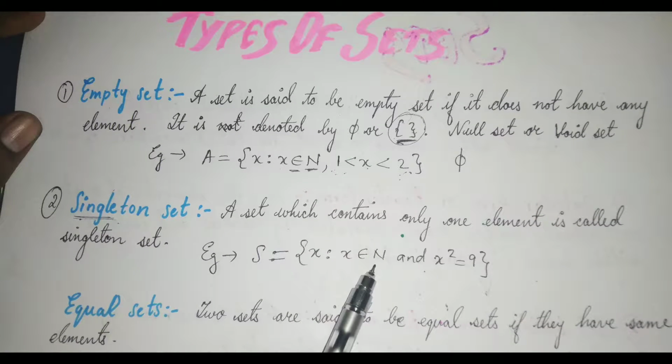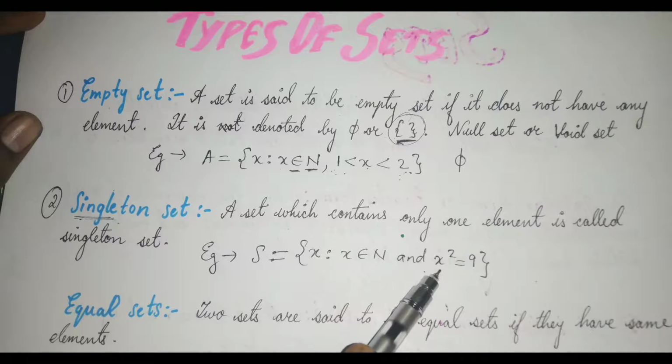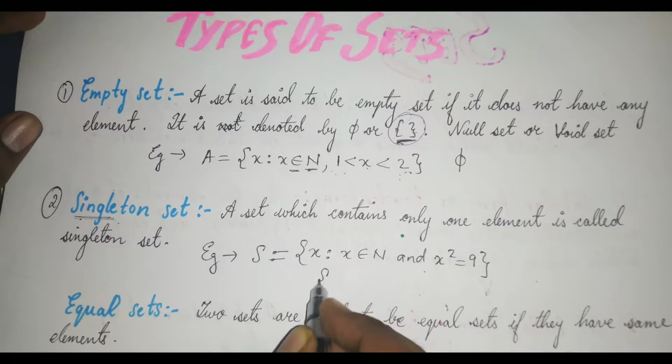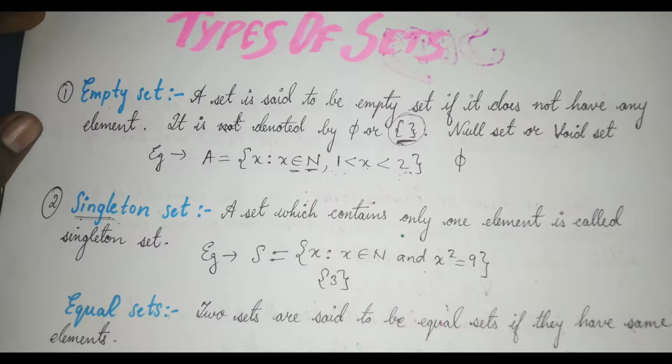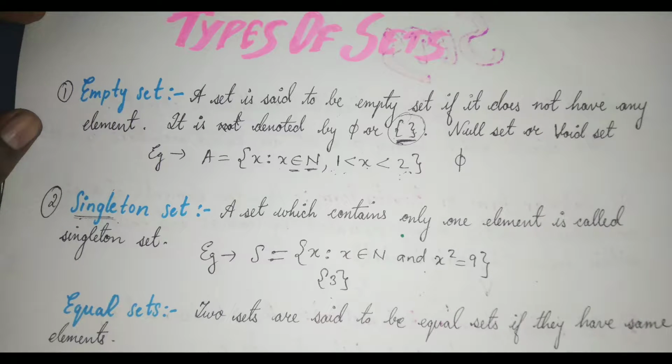So x is a natural number and x square is equal to 9. That means the value of x will be 3, only 3, right? So this is a singleton. It only contains one element. We can take many other examples.